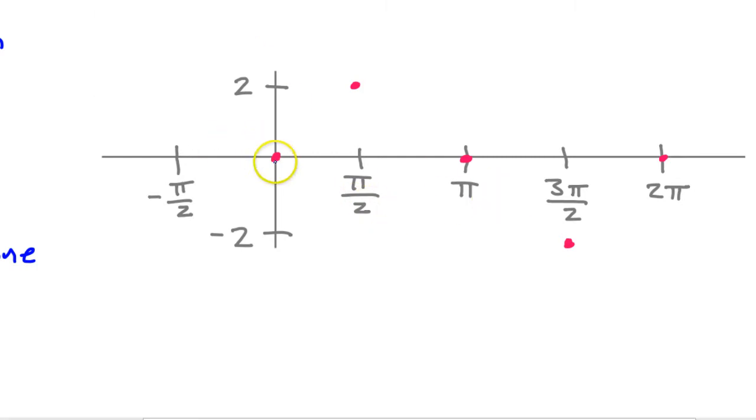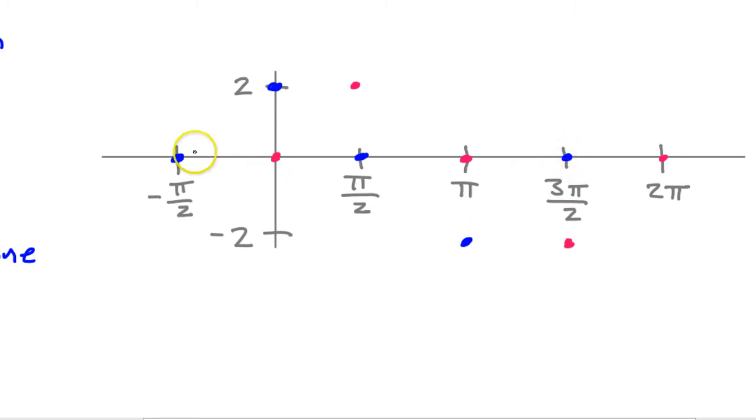So here I go. I'm going to start with my first point, and I'm going to move it pi over 2 to the left, so it's going to land right here. And now really I could just go through the pattern of the sine curve, and knowing that the sine goes up to its highest point, falls to the midline, drops down to its lowest point, and rises back to the midline.